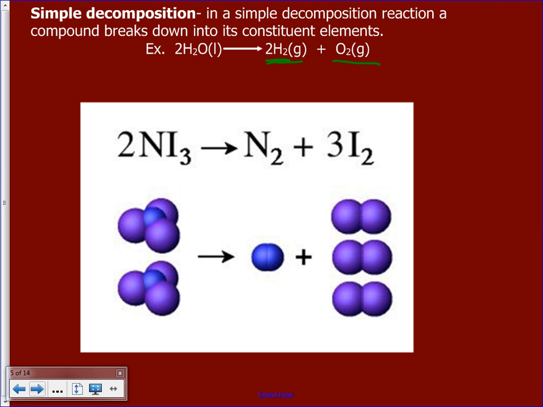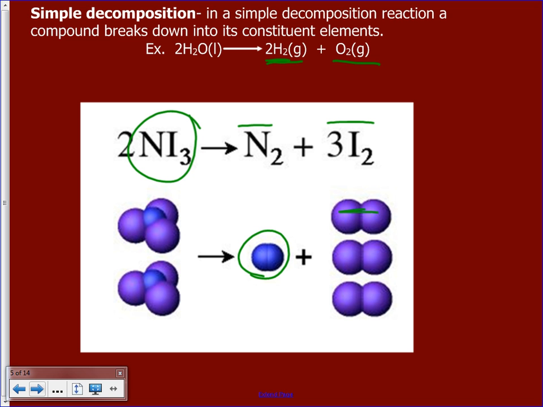We're good. Looking at this reaction here, it's another example of a decomposition reaction. Nitrogen triiodide is decomposing into nitrogen gas and iodine liquid. Now, when that happens, we get a molecule of nitrogen gas. That's what the little 2 means: the 2 nitrogen atoms are bonded together.